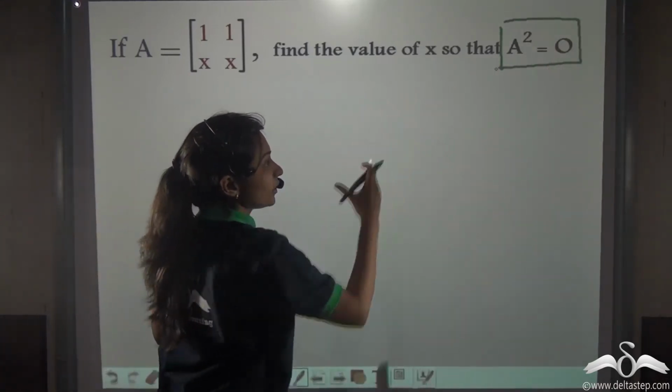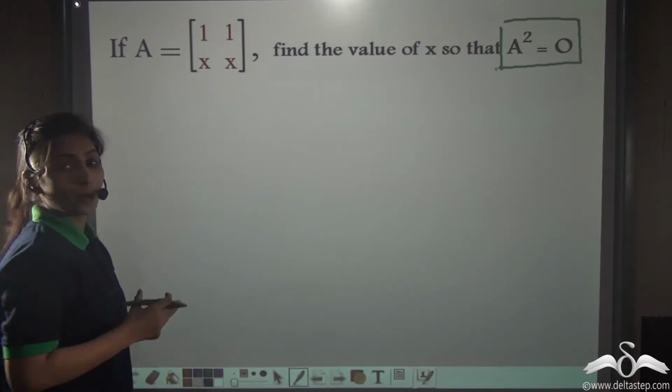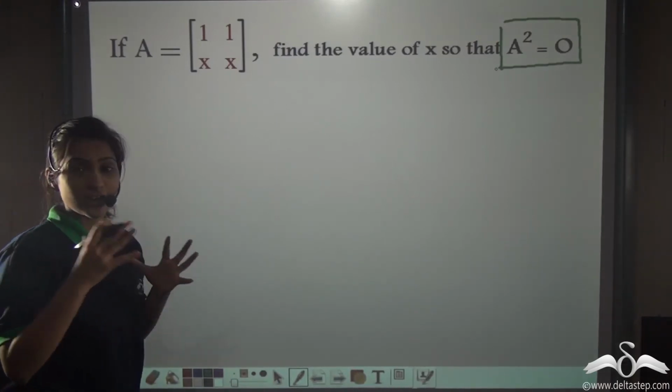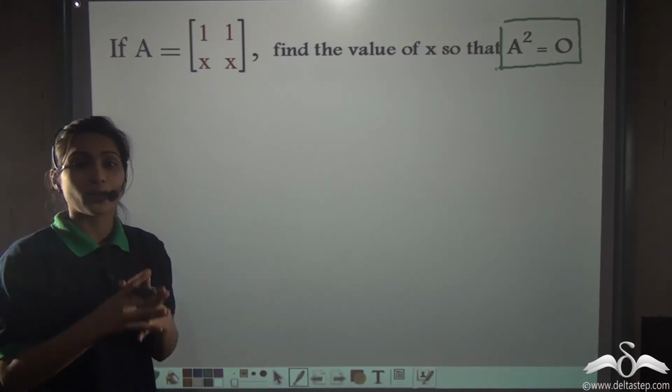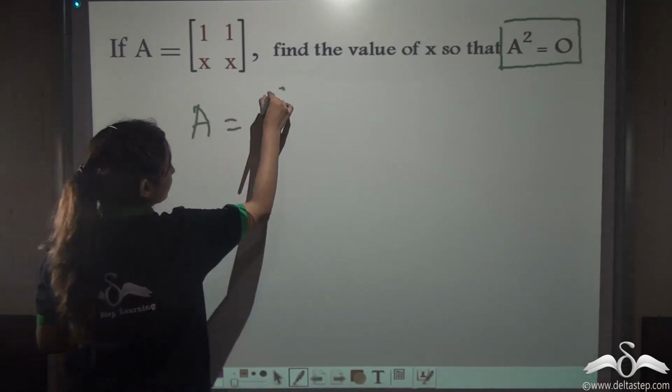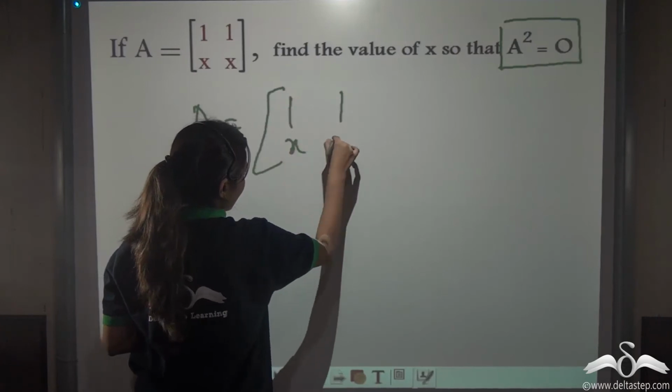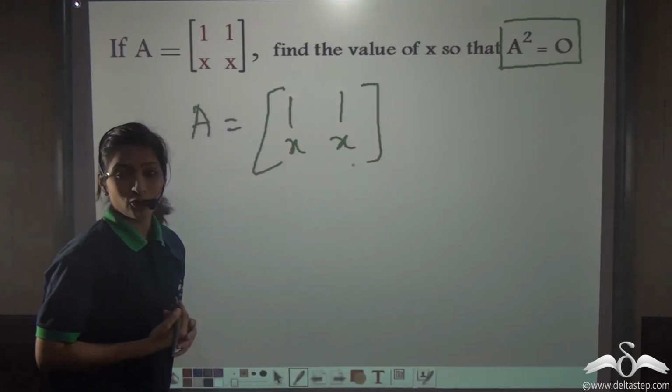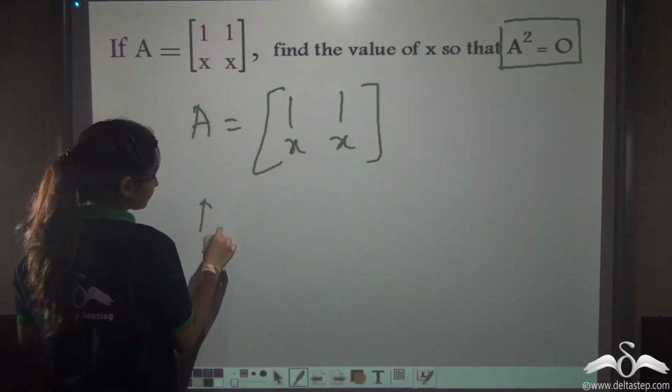Now A square needs to be O. Again, what we will do here is find out the RHS and the LHS and then equate both of them. So here A is [1, 1; x, x]. What do we need to find out? A square.